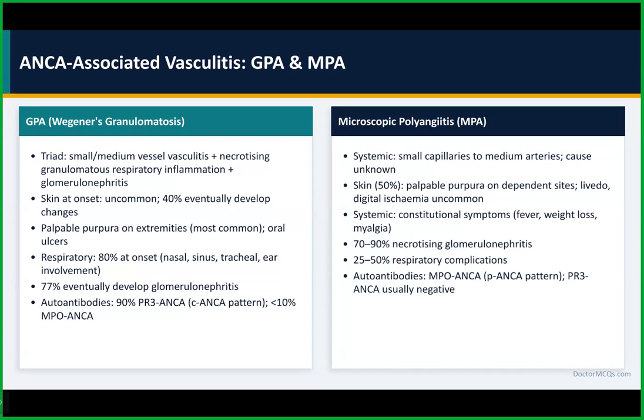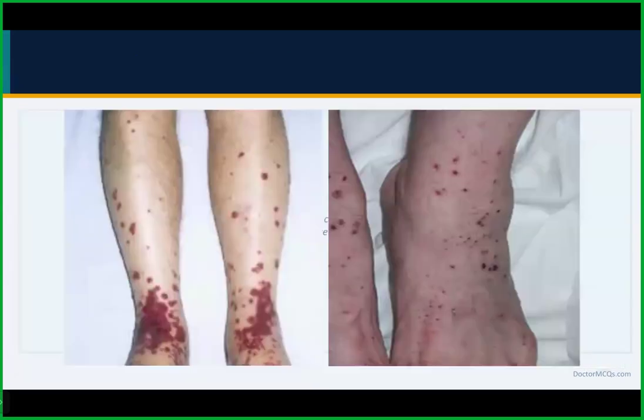So the antibodies are different for both: for Wegener's it is C-ANCA, for microscopic polyangiitis it is P-ANCA. The first picture is of Wegener's, and the other one is of microscopic polyangiitis. In Wegener's, most of the purpura combine to form a bigger patch, but in microscopic polyangiitis, mostly the purpuras are away from each other.